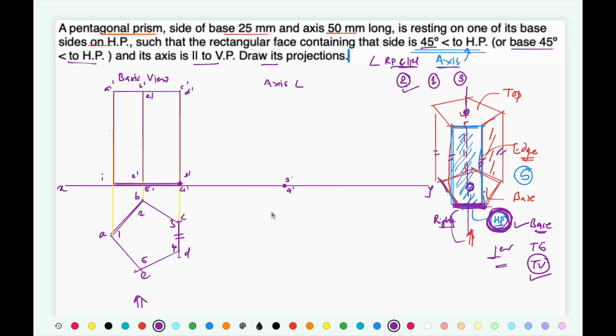So at some random distance, first locate this point 3 dash 4 dash. From this 3 dash 4 dash, the axis or that rectangular face is inclined at 45 degree. So from here I will draw one line inclined at 45 degree.